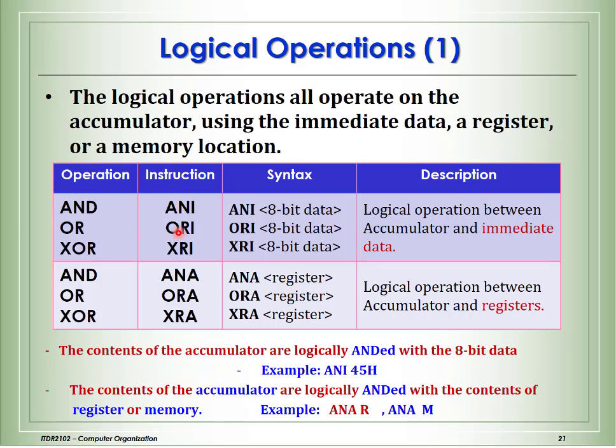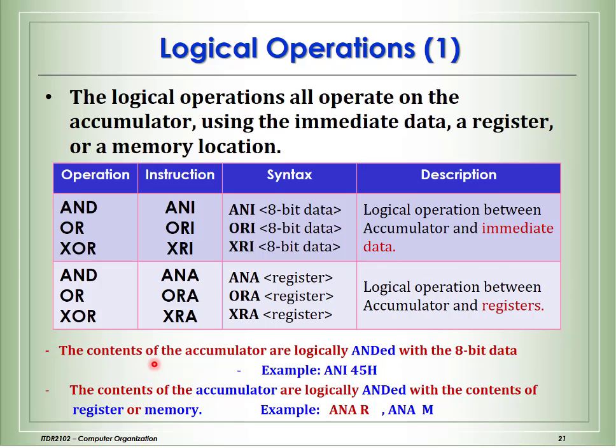Now these are the instructions with the immediate data, and these are the instructions with the register. Okay, now these are the operations, and exclusive OR. So ANI is a logical operation between the accumulator and immediate data, and here is a logical operation with the accumulator and a register.